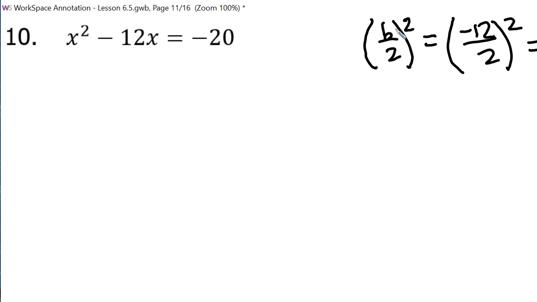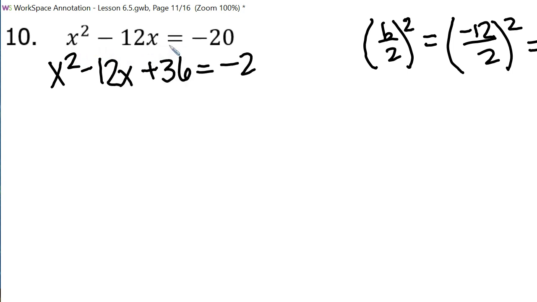Now, that 36 has to be added 1 time to the left side, 1 time to the right side. Even when it's not there, we always gotta add it. Yes, to keep the equation balanced, whatever you do to the left side, you also have to do to the right side.